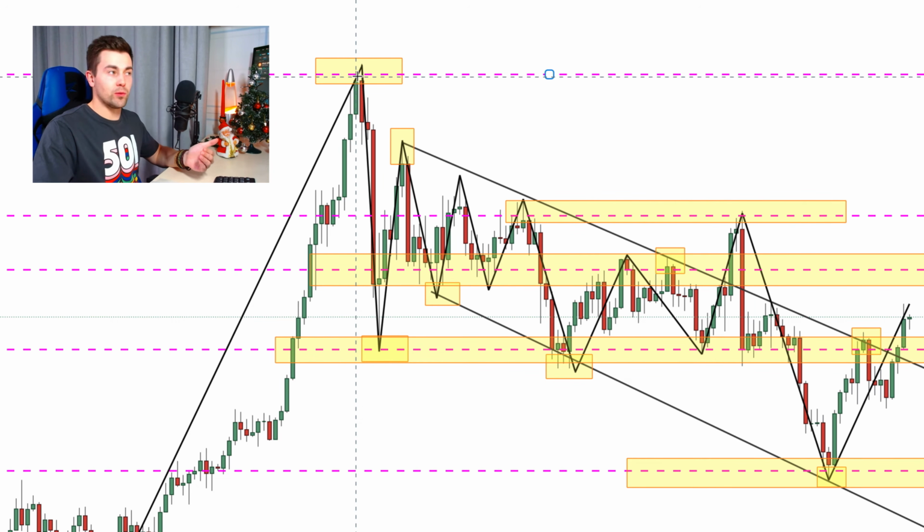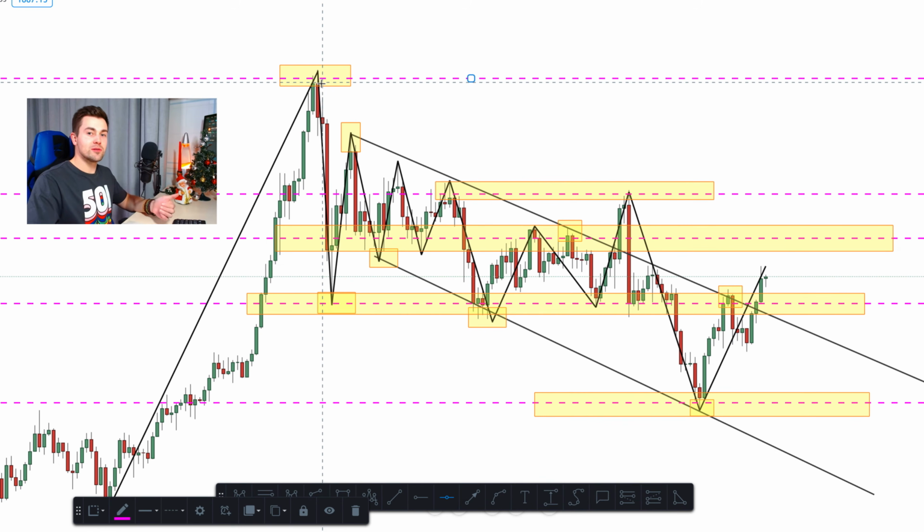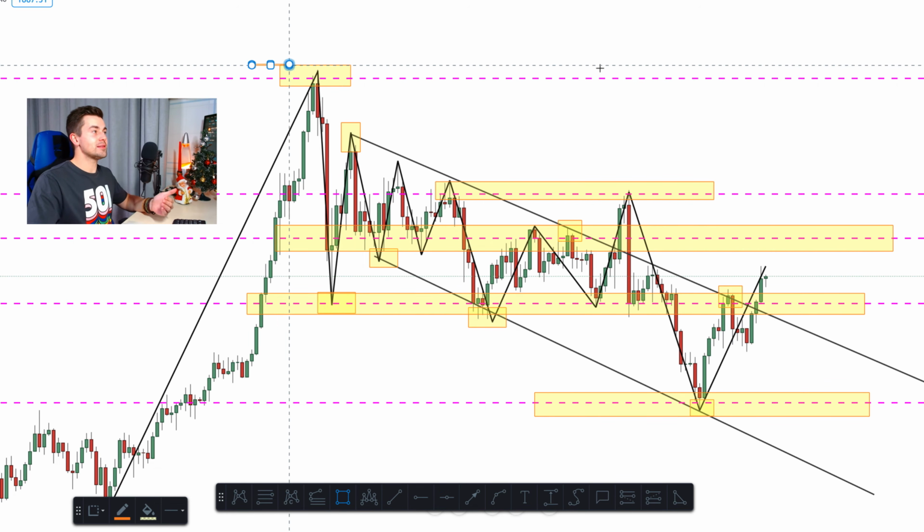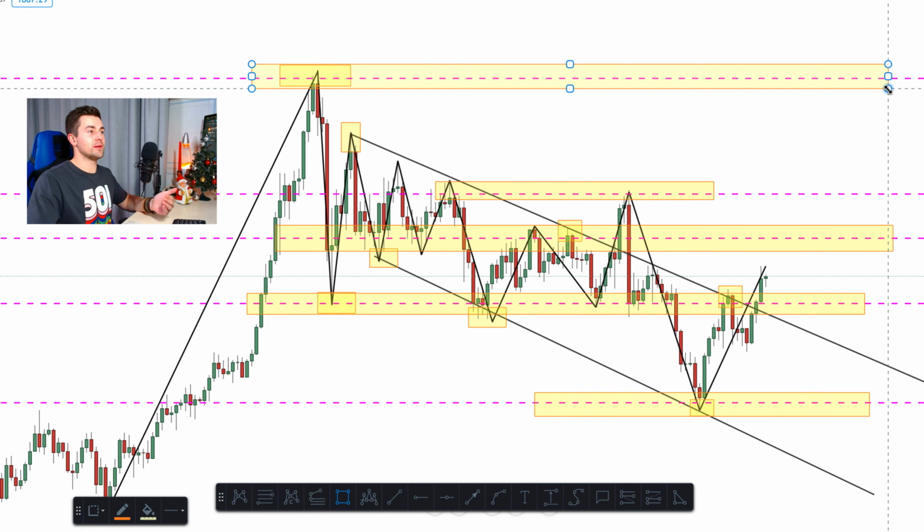Once that level was reached, you see that gold is very bearish, so definitely this level was very important for the market participants. Buyers stopped buying, sellers started to sell. Definitely the reaction here was just crazy. So this is the last horizontal level that we will consider right here.